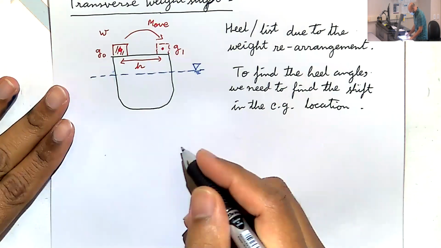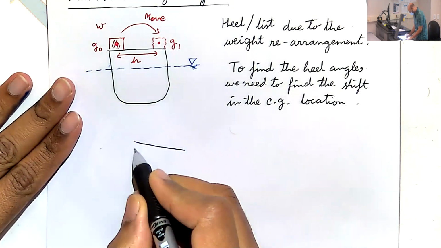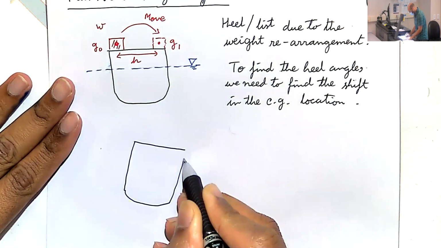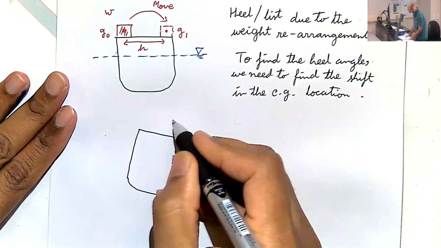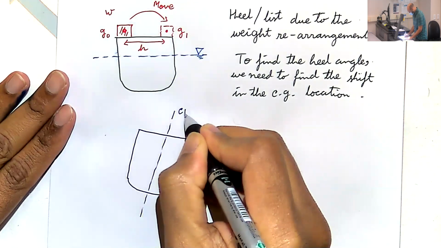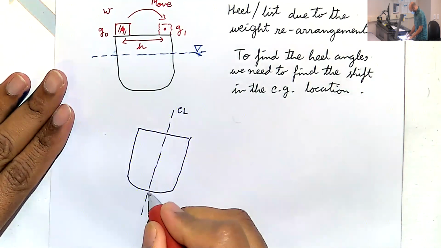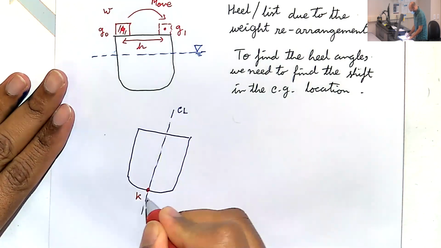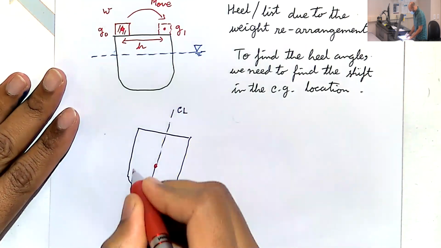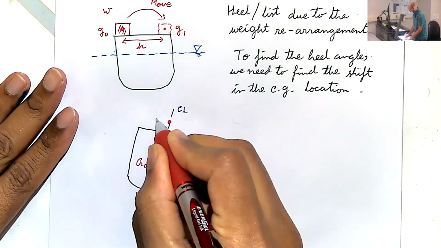Okay, so let's draw this again in a slightly tilted state here. Before moving the weight, let's say G was here and M is here.